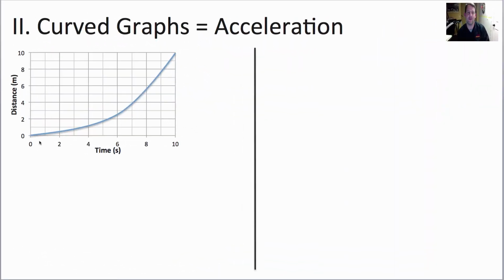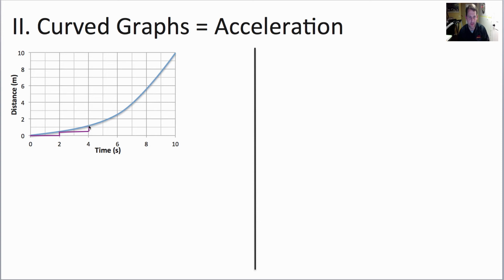One of the first things you should notice about these curved graphs is that the amount of distance you're traveling each second isn't constant. So let's take a look at that real quick. We'll actually use 2-second intervals to make life a little easier. So in 2 seconds, we traveled that far. In the next 2 seconds, we travel that far.